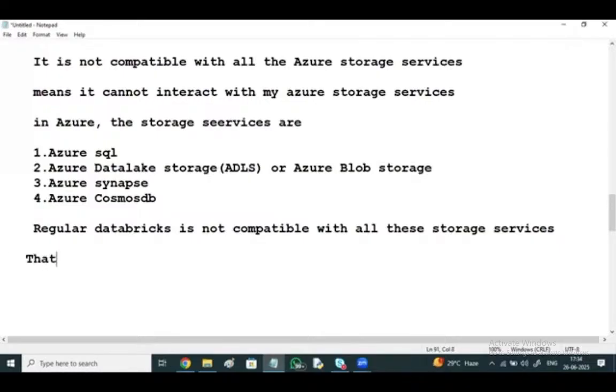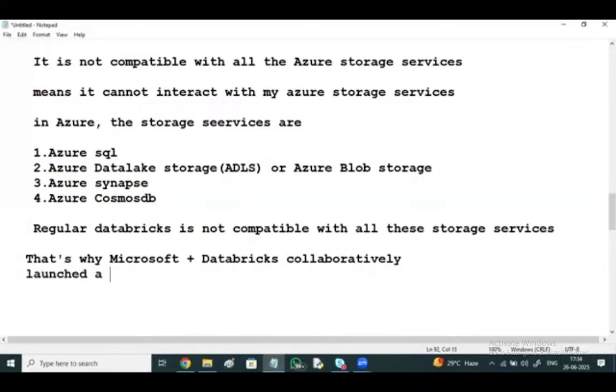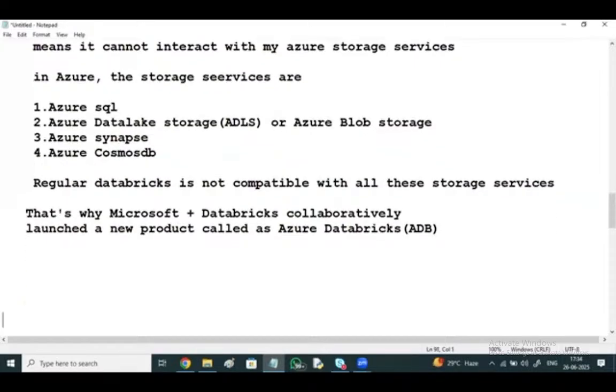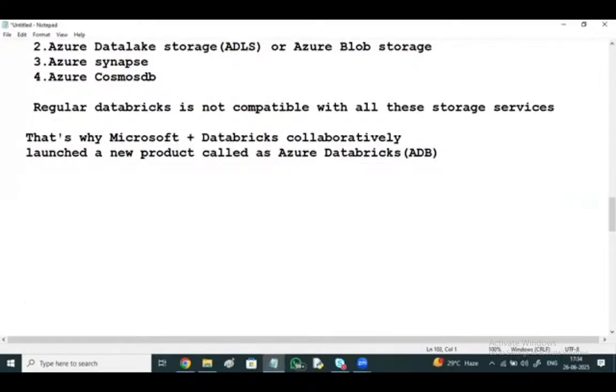That's why Microsoft and Databricks collaboratively launched a new product, Azure Databricks. Azure Databricks, what we say like ADB, right?